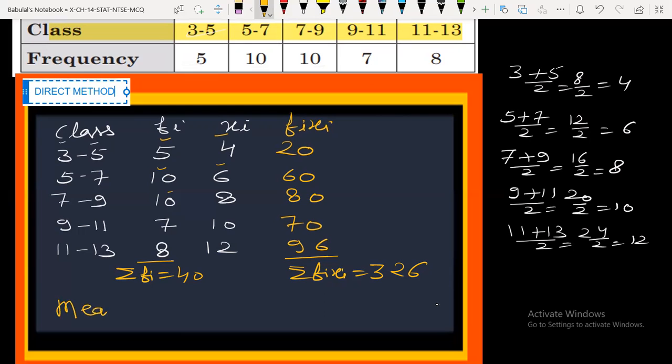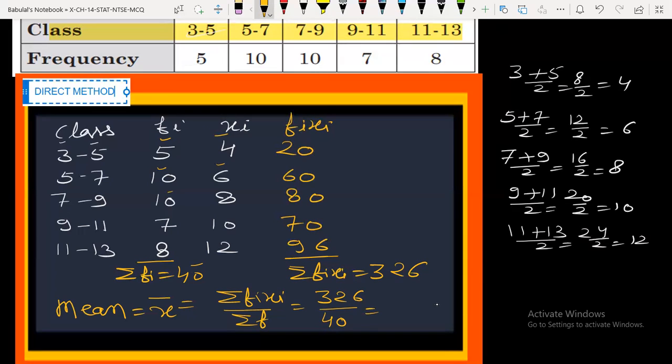Now we apply the formula for the mean for the direct method. The formula for the mean, its symbol is x bar, that is sum of all fi xi divided by sum of all fi. Sum of all fx is given by 326 and sum of all fi is 40. So please divide 326 by 40.